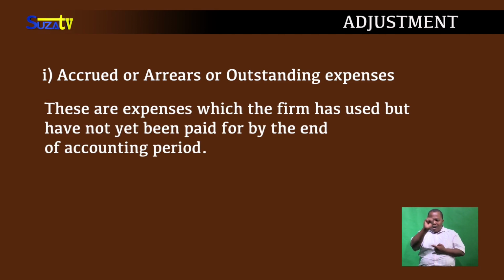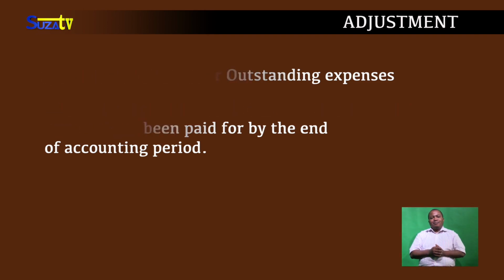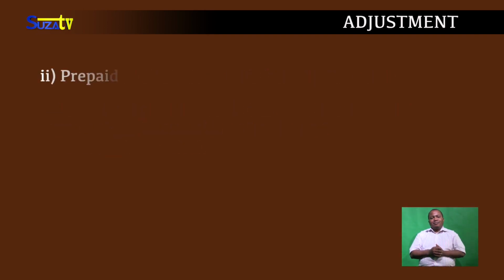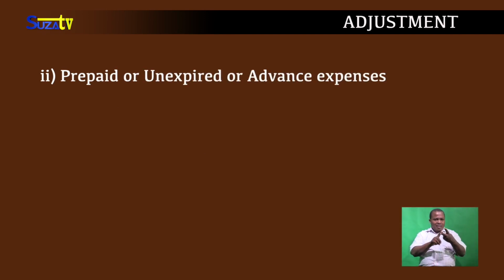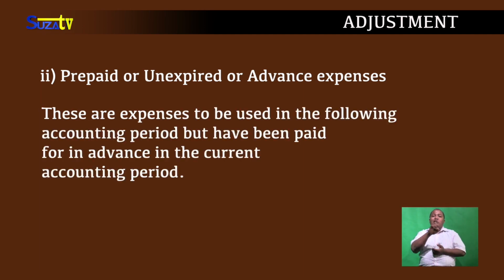These are expenses which the firm has used but have not yet been paid for by the end of the accounting period. Second, prepaid or unexpired or advanced expenses. These are expenses to be used in the following accounting period, but have been paid in advance in the current accounting period.